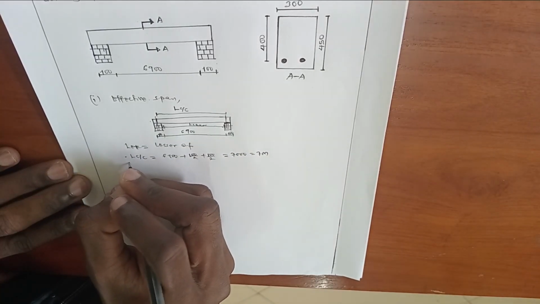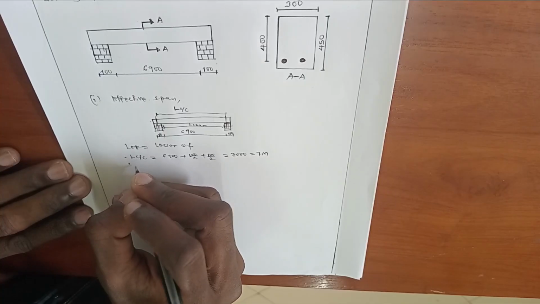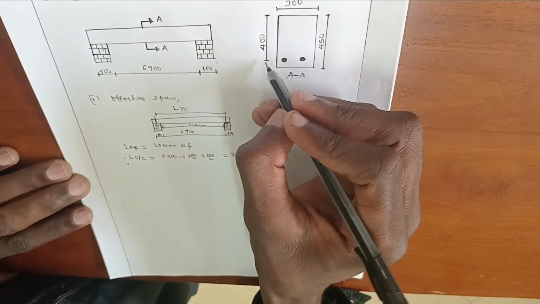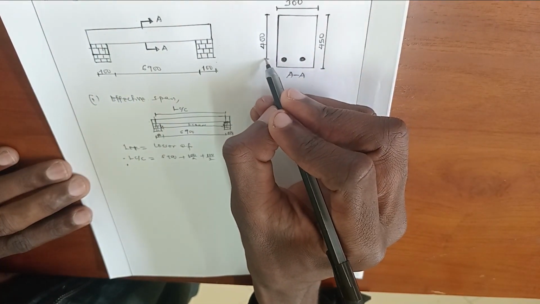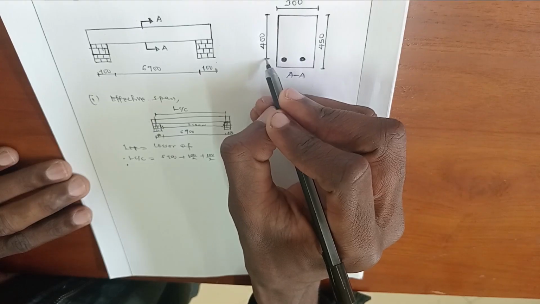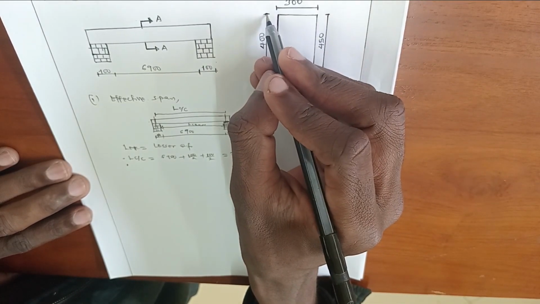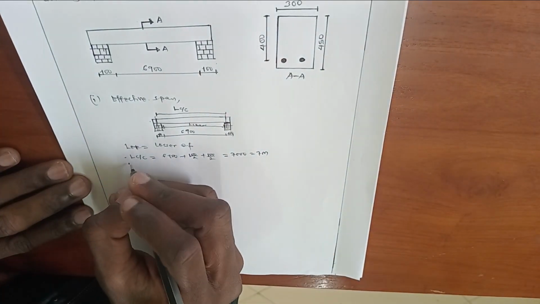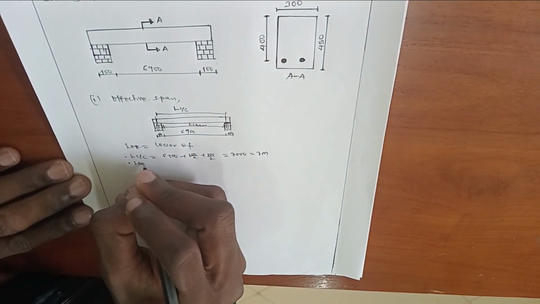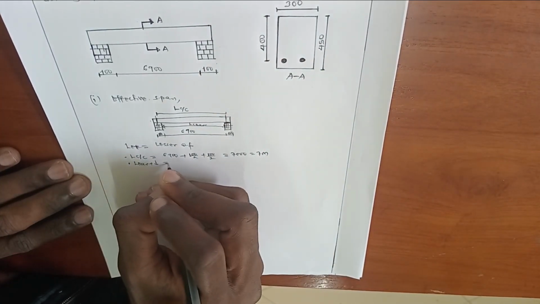Or by taking clear span plus effective depth. Effective depth is from the center of the tensile steel up to the top. So clear span plus effective depth.